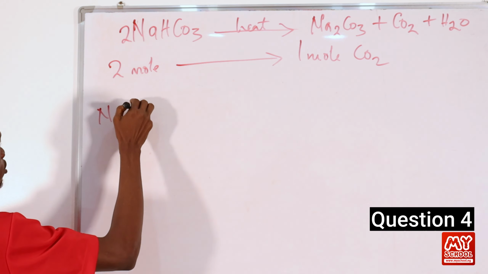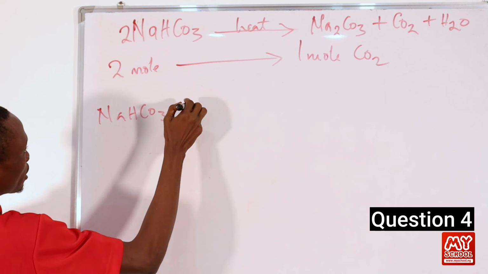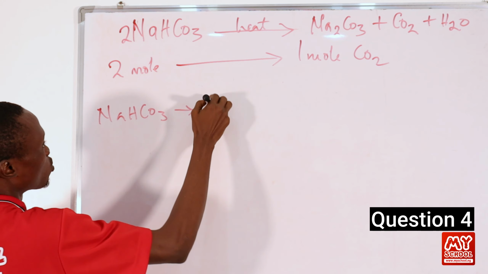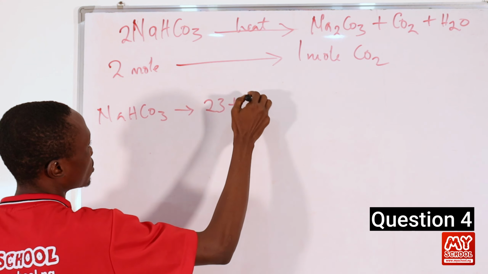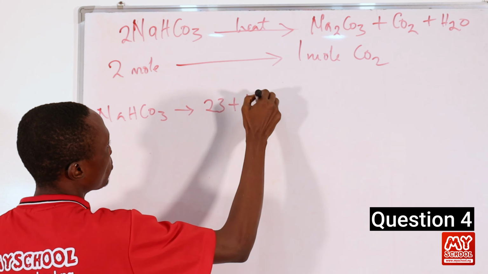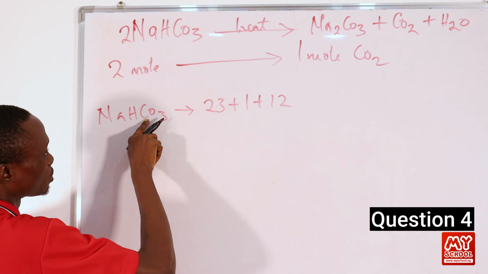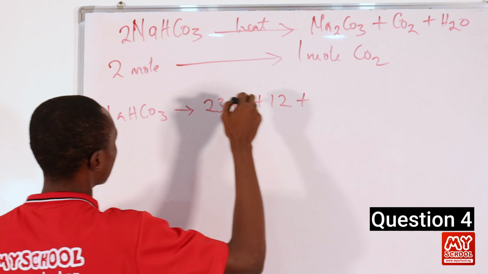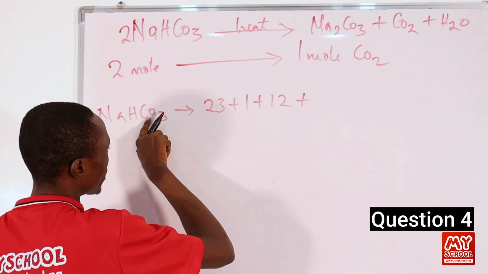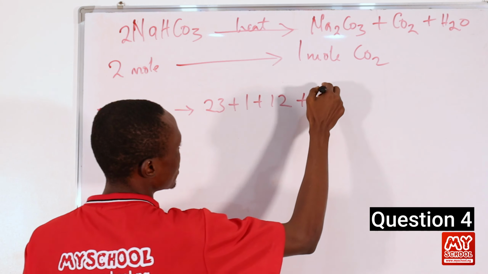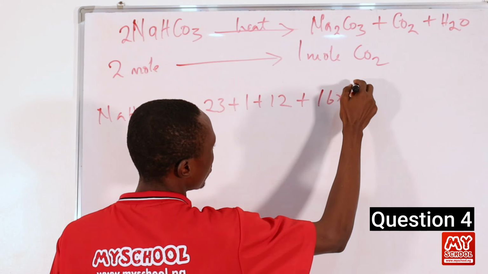So now let's calculate for the molar mass of sodium hydrogen trioxocarbonate IV. So that will be 23 plus 1 for hydrogen plus 12 for carbon, then plus 16 times 3 for oxygen.